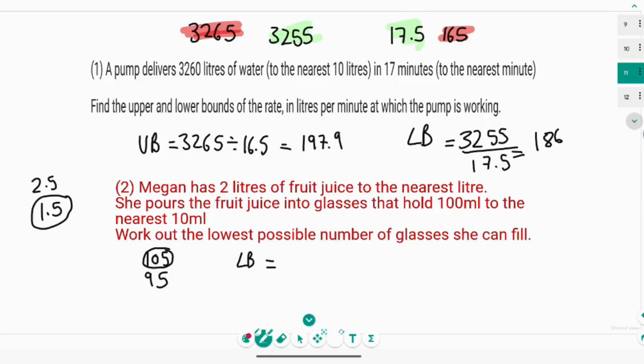So we need the smallest for the numerator divided by the biggest for the denominator. 1.5 litres is 1,500 ml. Always check that units are consistent. Now the answer is 14.2. That would be 14 glasses.